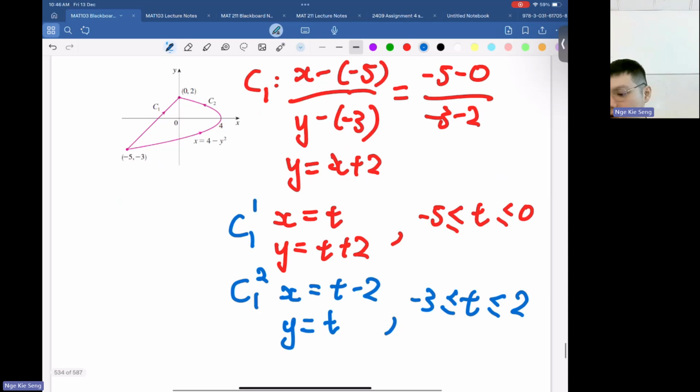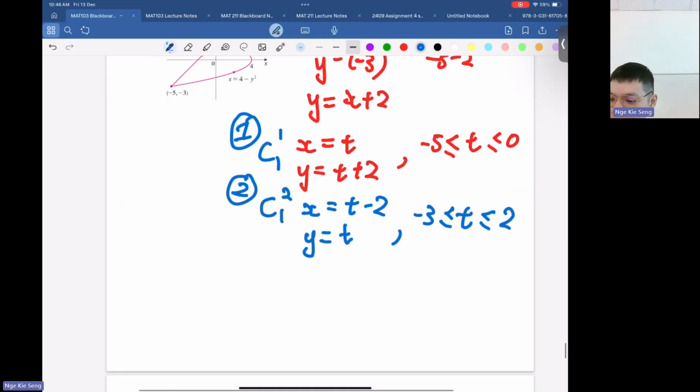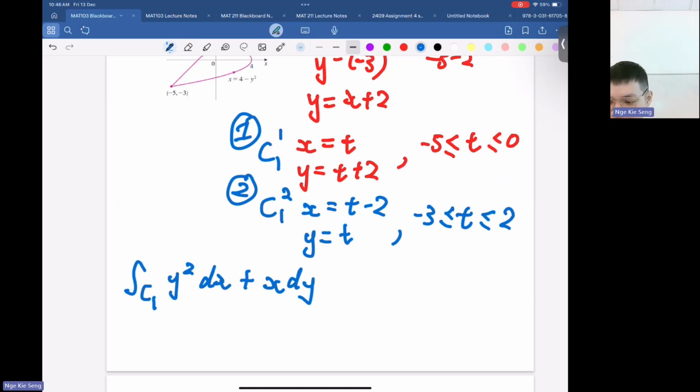Okay, so there are two parameterizations here. One homework you can do is, after we compute one parameterization, go back and compute the other one. They should give you the same answer. So let's use the first one to compute. Maybe you can start computing already if you remember the formula.